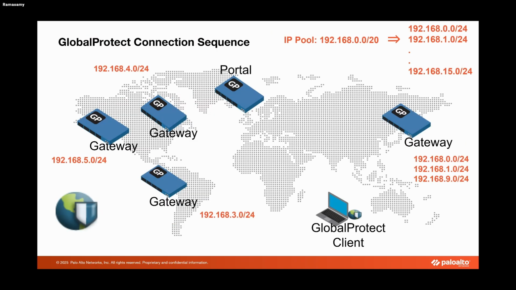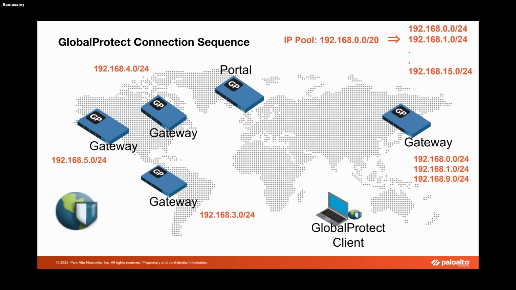Now, back to how the IP address is assigned to a gateway. An administrator in this example is going to configure an IP pool, a worldwide pool of 192.168.0.0/20. What Prisma Access does is subnet that into multiples of /24.